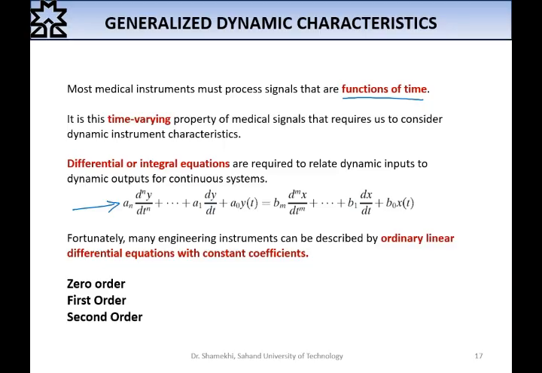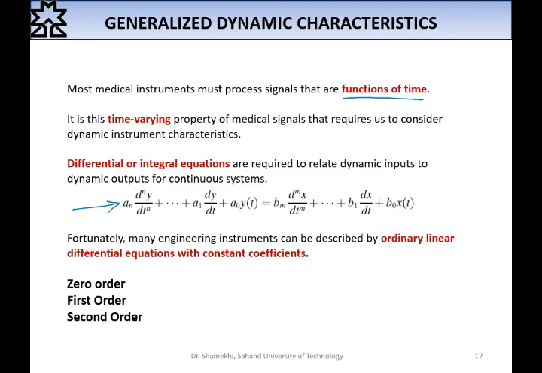And as biomedical engineers, as bioelectric engineers, you should be experts, you should be able to use zero, first, and second order systems. You should be expert in these types of systems.